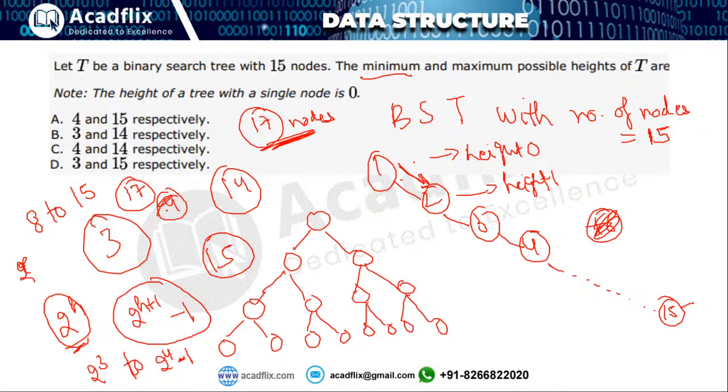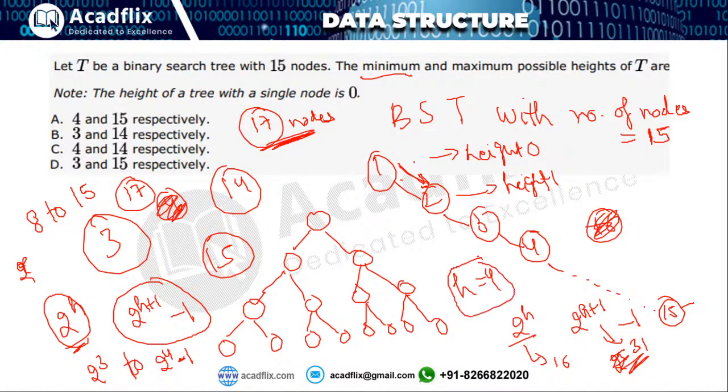Because if I put h is equal to 4, then 2 raised power h will come out to be 16 and this will come out to be 2 raised power 5 minus 1, that means 31. तो अगर मेरी 16 से 31 के बीच में नंबर ऑफ नोड्स होती तो उस केस में मेरी मिनिमम हाइट जो पॉसिबल होती वो 4 हो जाती.